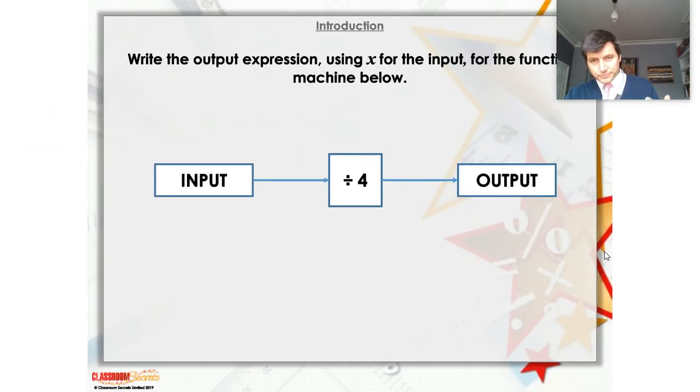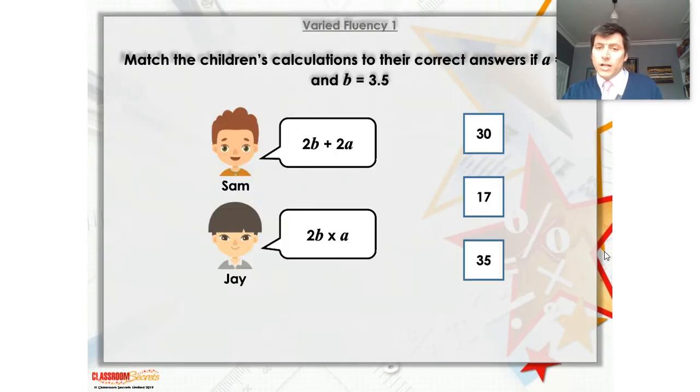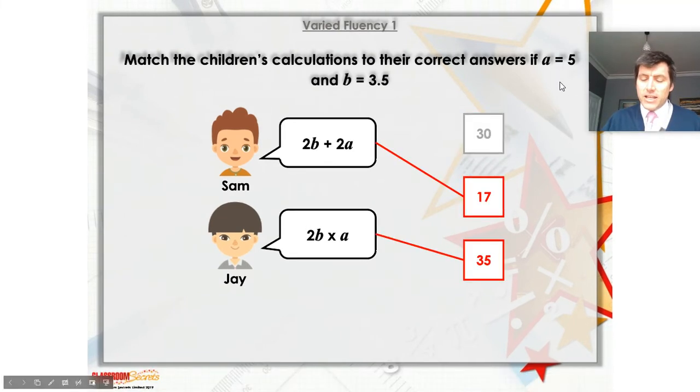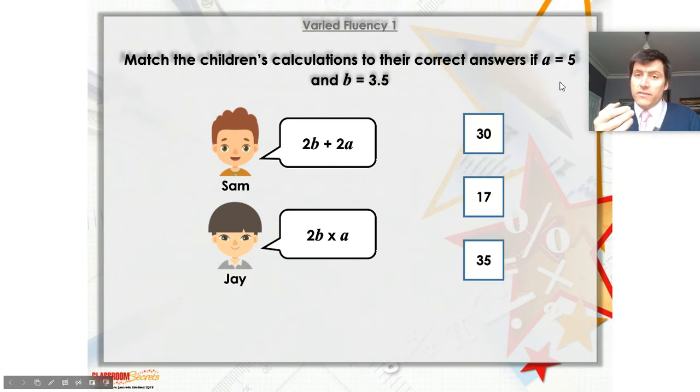Then we've got substitution. Substitution is when we change a value. Here we substitute values into the expression for a beginning value. So if we've got 2b plus 2a, and a equals 5 and b is 3.5, well, a plus a, that's 2a, would be 10.